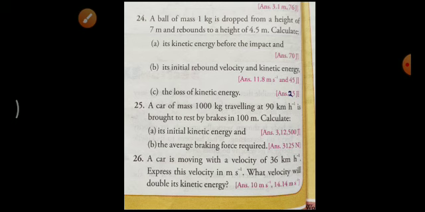Then kinetic energy at B, that means the point when it strikes the ground, at that time the whole of the kinetic energy gets converted into potential energy, yes or no. That is, kinetic energy at the point when it strikes the ground is equal to the potential energy at C, that means after rebounding it will reach up to a certain height.